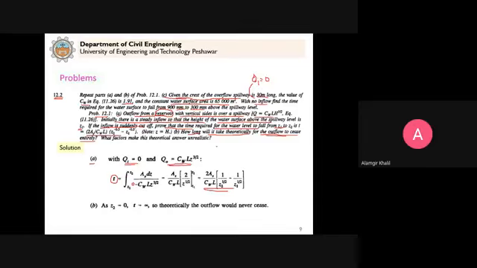Part B of the question: how long will it take for the outflow to stop? We have Z1 and then the water level drops to Z2. This is what this formula says, coming from Z1 to Z2. The discharge will be 0 when Z2 is 0.